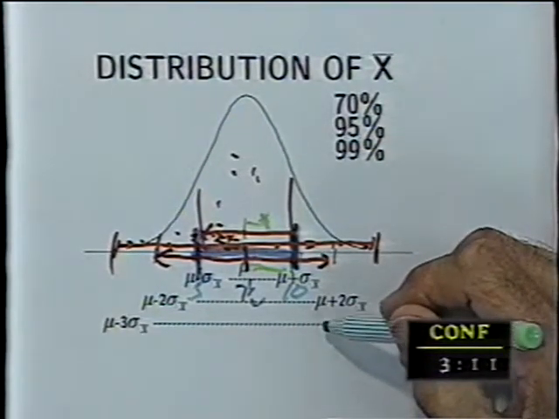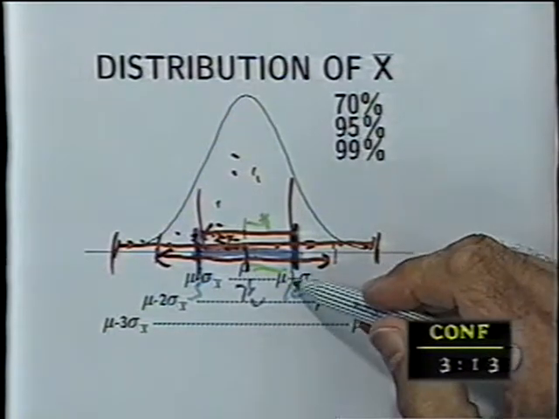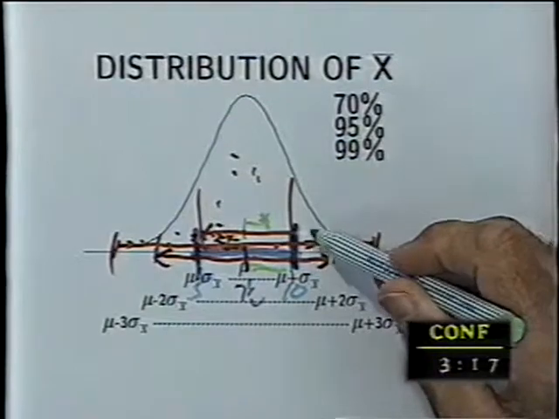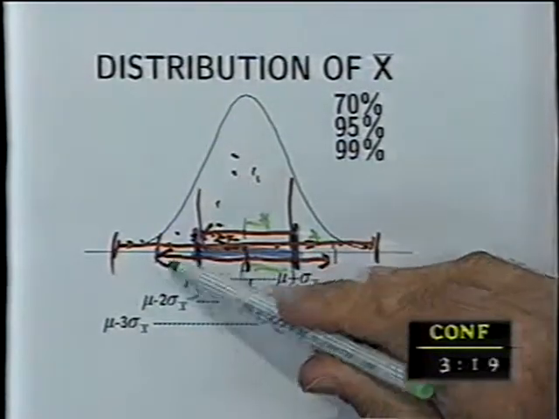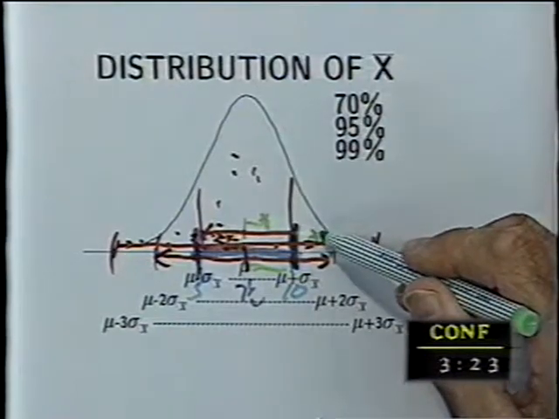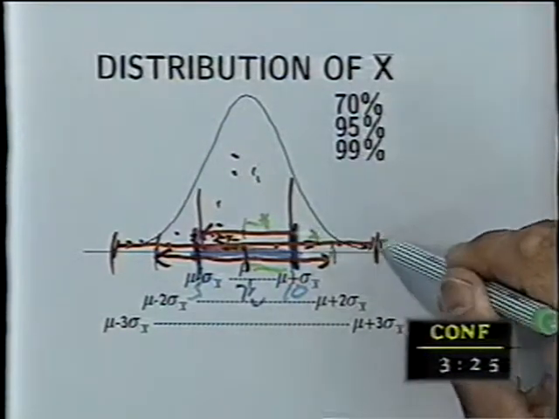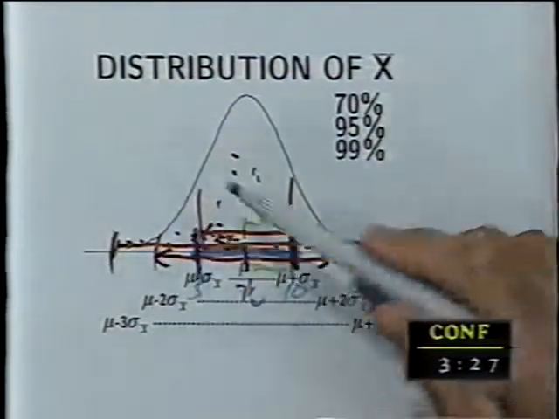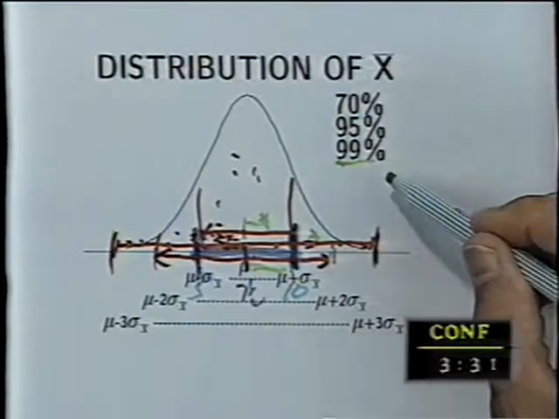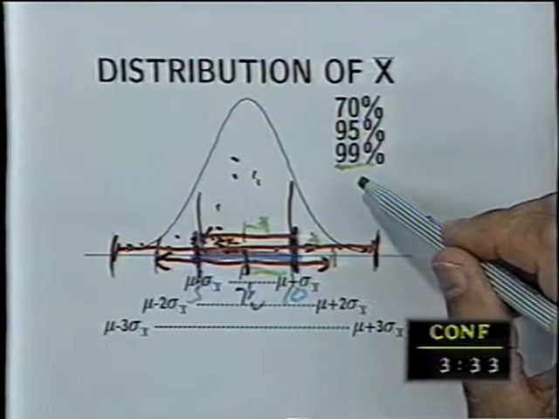How often will people be within one standard deviation of the mean? 70% of the time. How often will people be within two standard deviations of the mean? Well, they will be within two standard deviations of the mean 95% of the time. How often will they be within three standard deviations of the mean? They will be within three standard deviations of the mean 99% of the time.